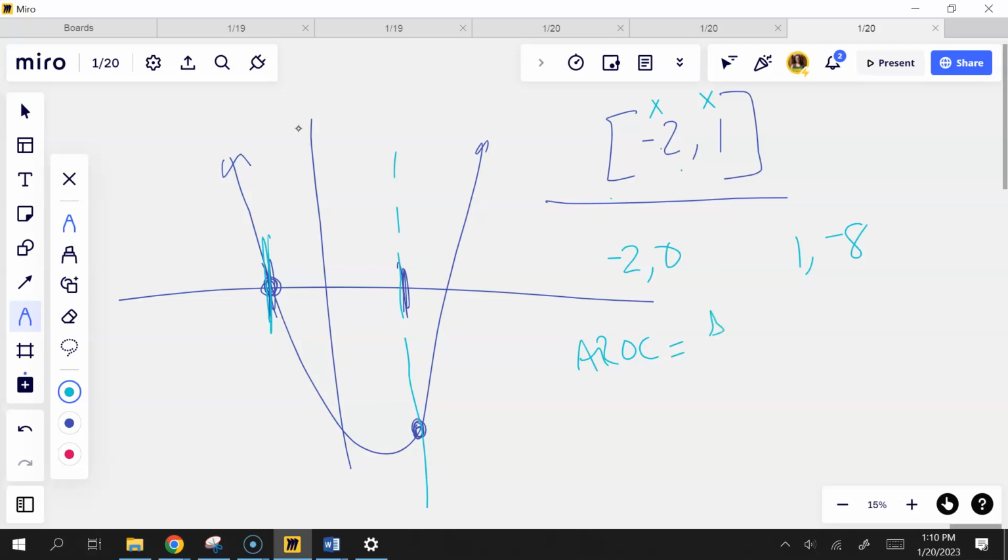So it's, all right, change in y over change in x. So y changes 8. It goes down 8, right? And x, -8 minus 0 over 1 minus -2. No, don't let it be hard.